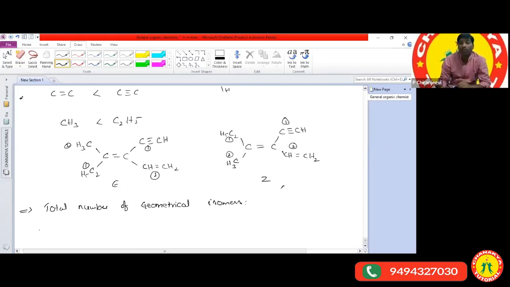First of all, we have to check both the terminals, that is, this side corner and this side corner.